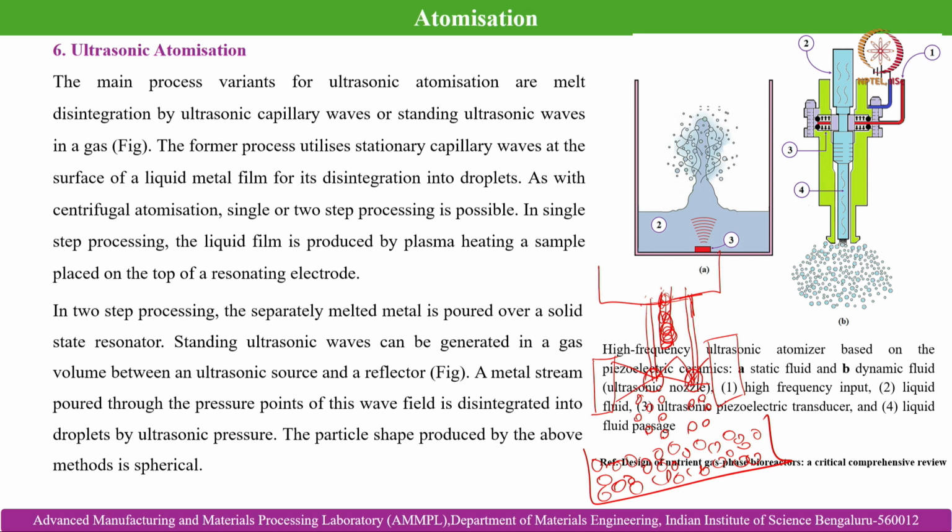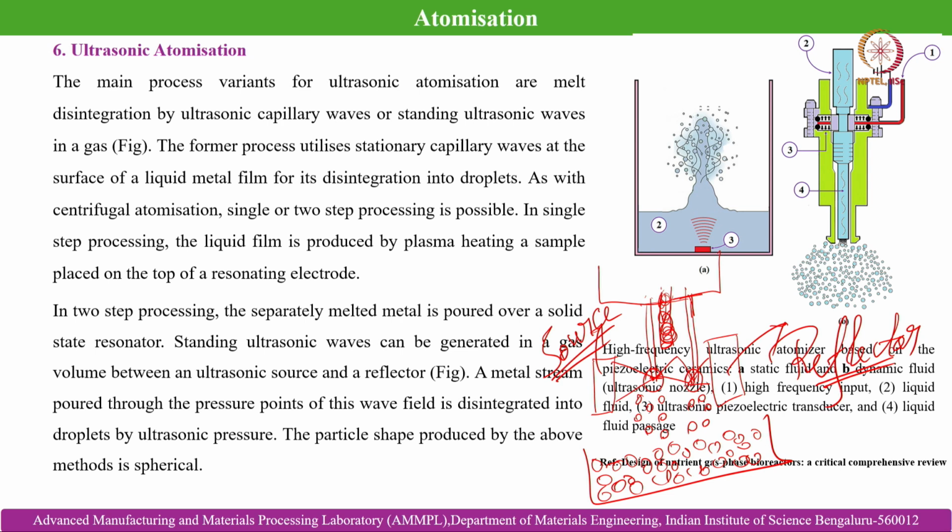So this is basically, if you can term it, an ultrasonic source, and then this one is, you can say, a reflector, and then they are basically responsible for creating this ultrasonic wave, merging at these points and creating these pressure points.